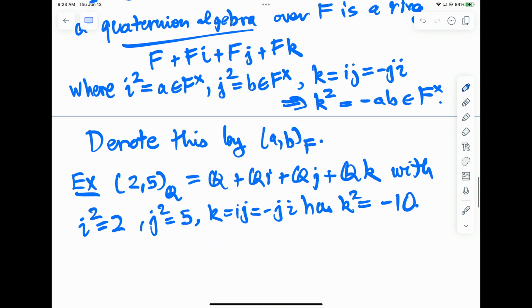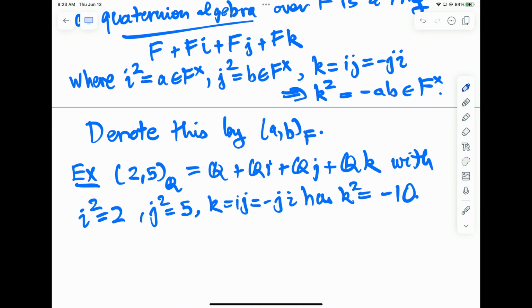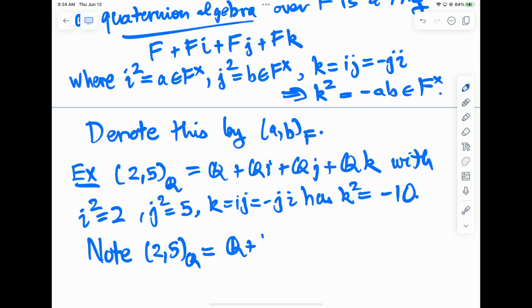All right. Just like I showed you, the Hamilton quaternions can be thought of as a two-dimensional vector space over C with a funky rule about how j multiplies with complex numbers. We can do something similar here if I again have Q plus Qi and then Q plus Qi, factoring out a j, because you can put the j back in and then i times j is k.